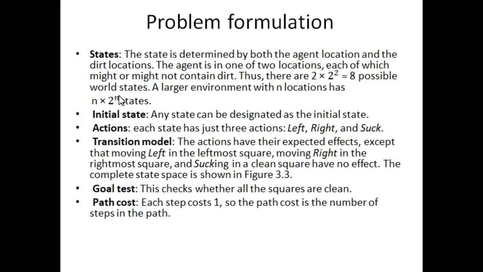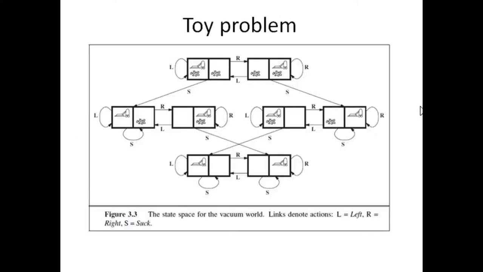So in our formula, n represents the locations and the value of n for this problem is 2. Just think about how the value of n is 2 for this problem. Why is the value of n 2? Initially, there are two boxes.